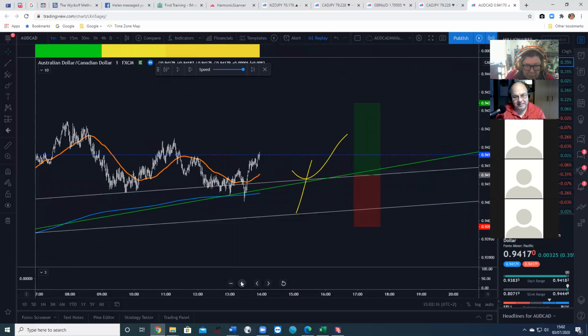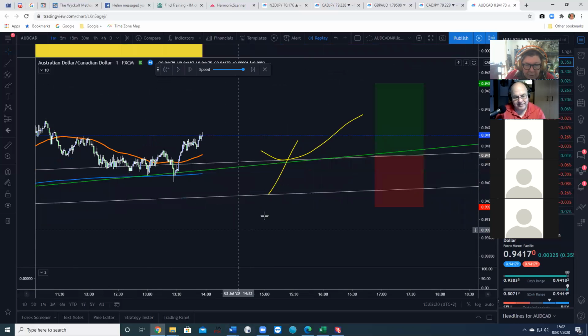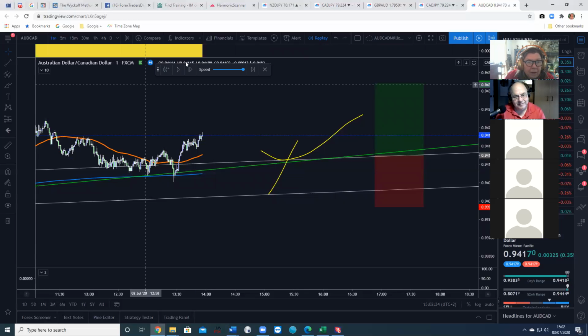So price was down here and I said we were looking for that, and we were looking for the 62 to curl up above this pitchfork, and if it did that with our usual confirmations, break and the retest and all the rest of it, then we would look for a buy.